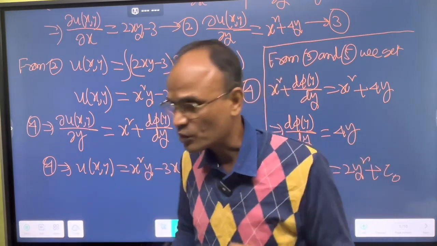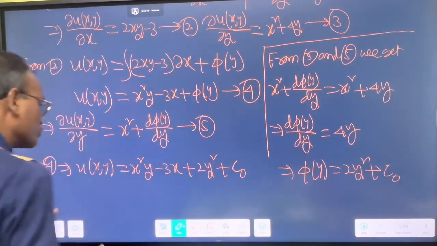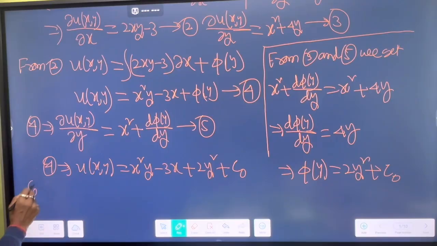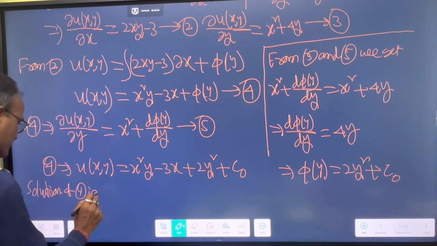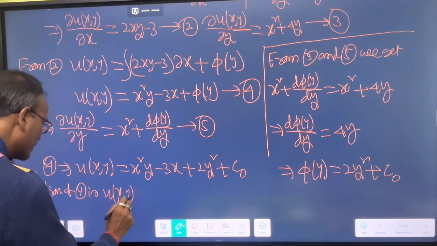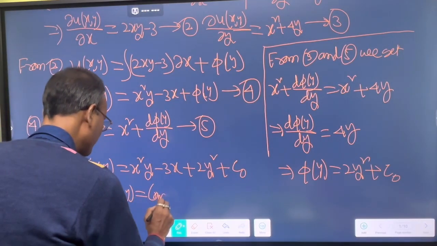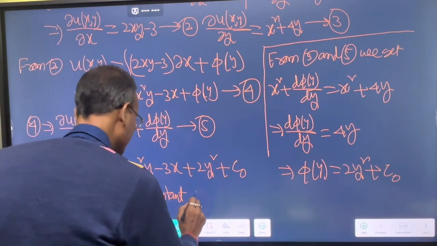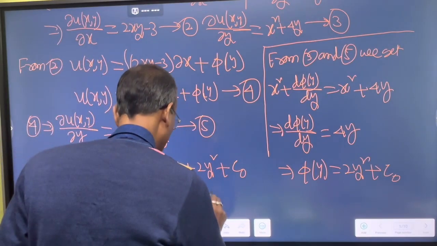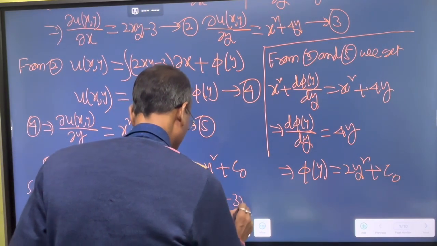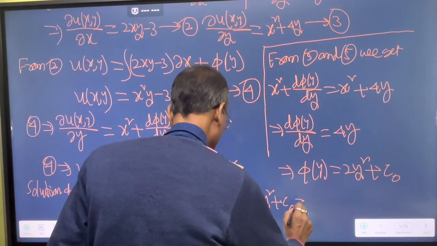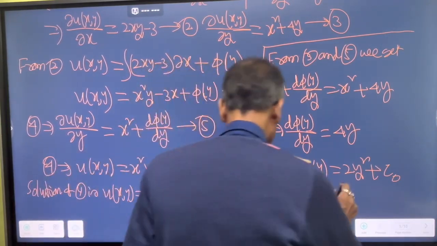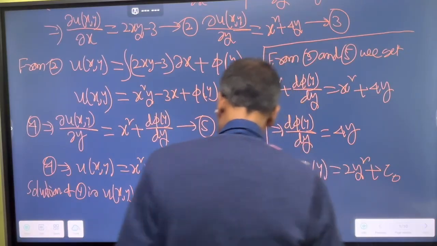Integrate this, u is equal to constant. Therefore the solution of 1 is u(x,y) equal to constant. Therefore x square y minus thrice x plus twice y square plus c naught equal to constant c1.